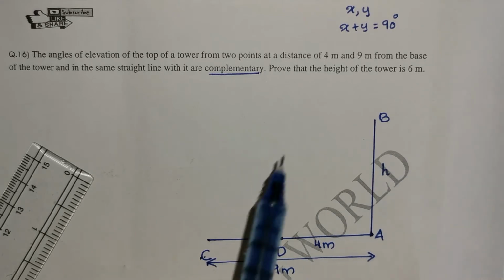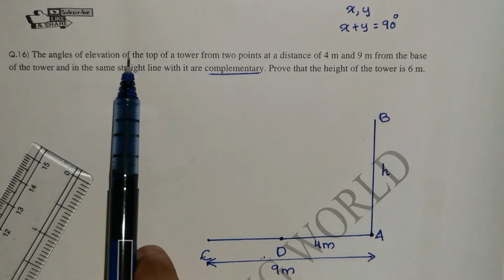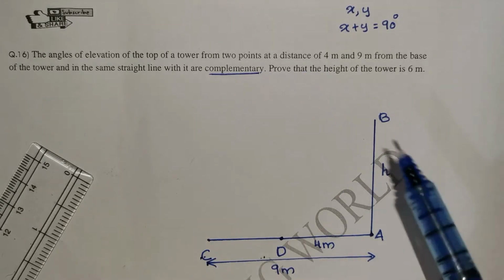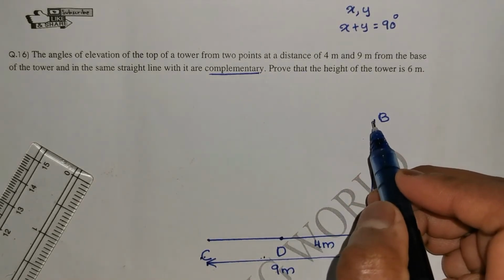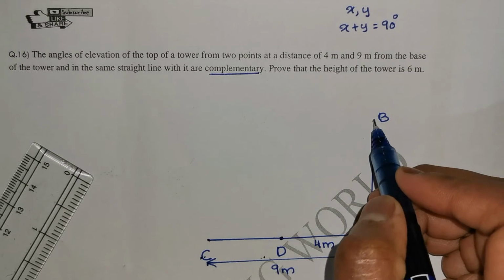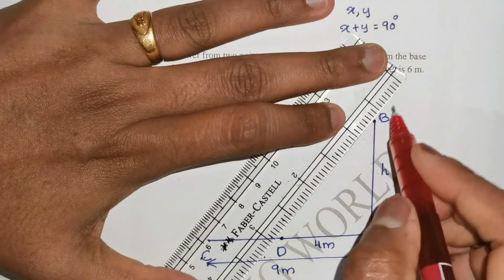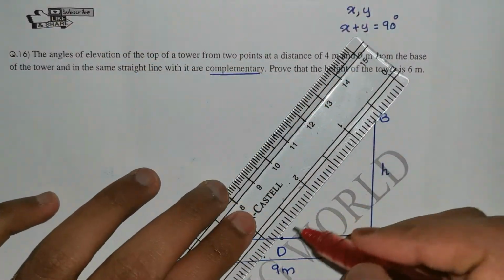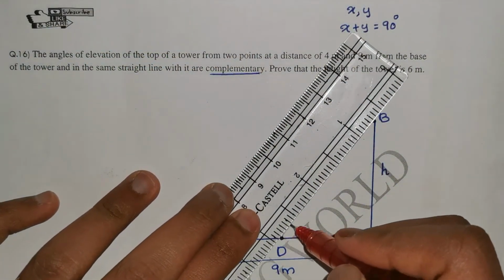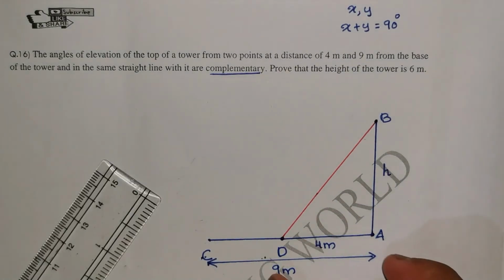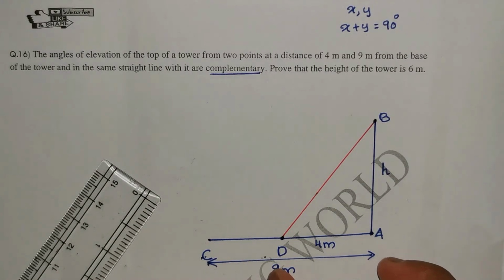Okay students, so again read the question. The angles of elevation of the top of the tower from 2 points at a distance of... so what is given is the angle of elevation. So let us join this angle of elevation from the top of the tower to the first point, which is 4 meter from the foot of the tower.